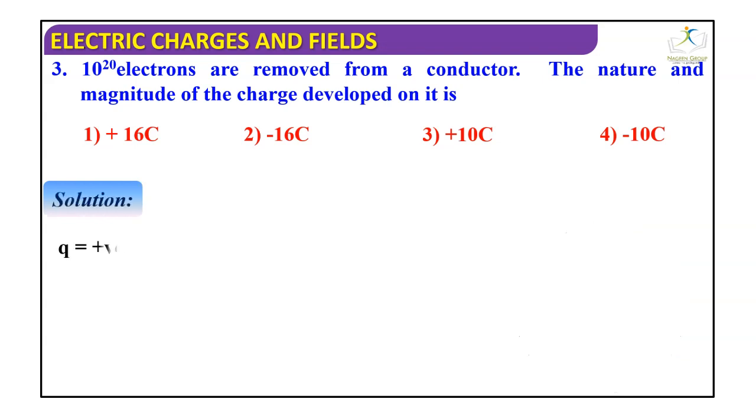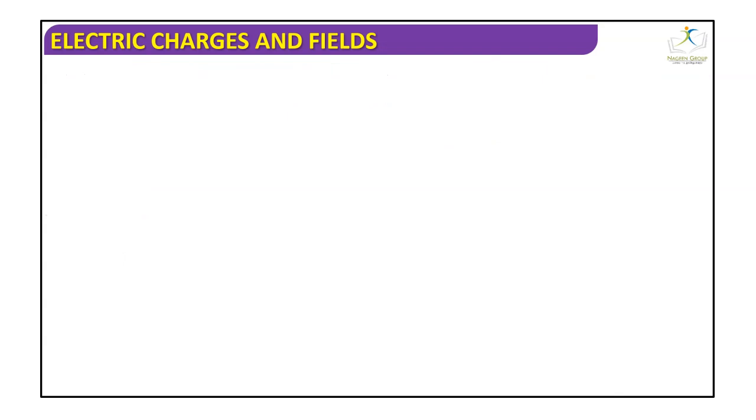So the solution of this question is, Q is positive because the electrons are removed. That's why we have taken this one as positive. Q is equal to 10 to the power 20 into 1.6 into 10 to the power minus 19 coulomb. So the answer is Q equal to plus 16 coulomb. According to that, the first option is the right answer.